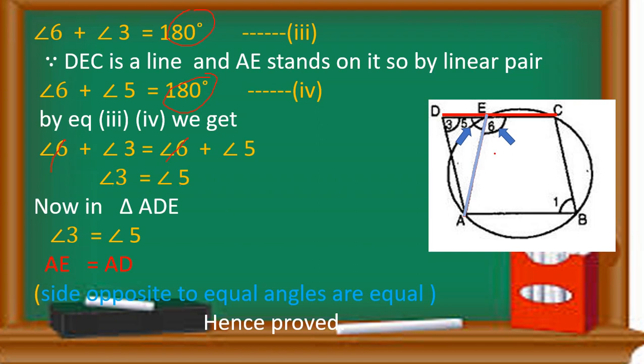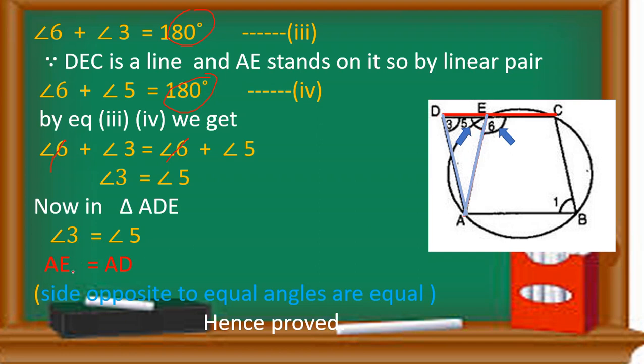Now observe the triangle ADE. In this triangle, the line AE is the opposite side of angle 3. In triangle ADE, we know that if two angles are equal, then the sides opposite to these two angles are also equal. As angle 3 is equal to angle 5, the opposite side of angle 3 is AE and the opposite side of angle 5 is AD.